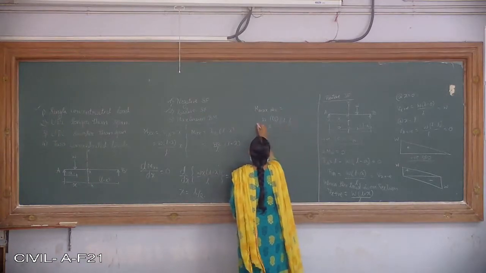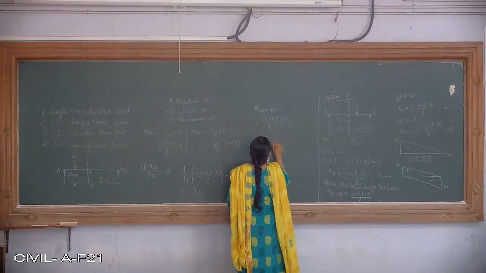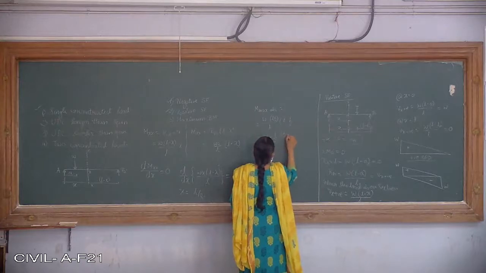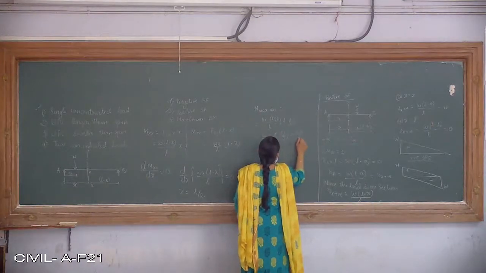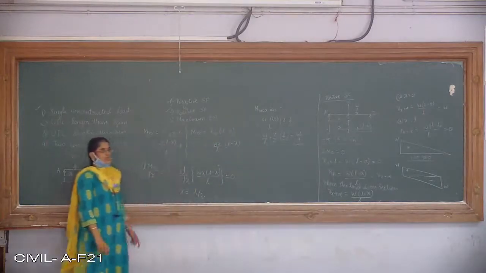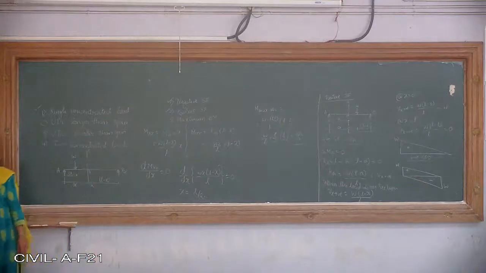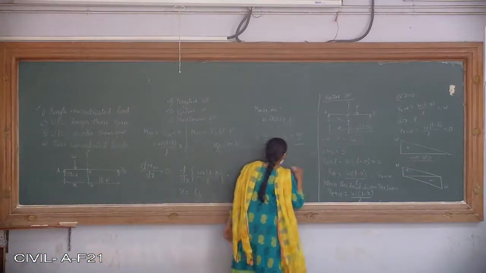So you are going to get this W by L into L by 2 into L by 2, WL by 4. That is the maximum bending moment, and which is going to be the absolute maximum bending moment. Okay. So we draw the bending moment diagram like this.